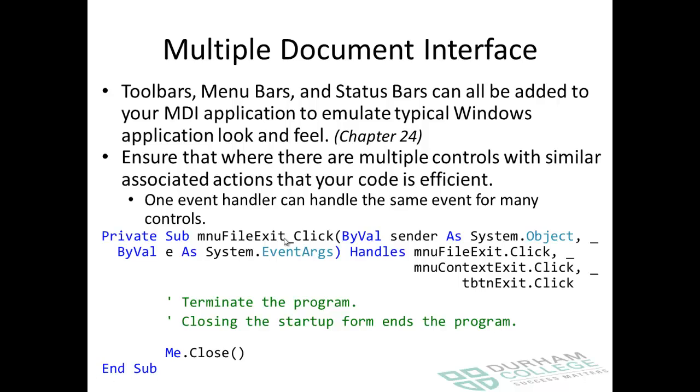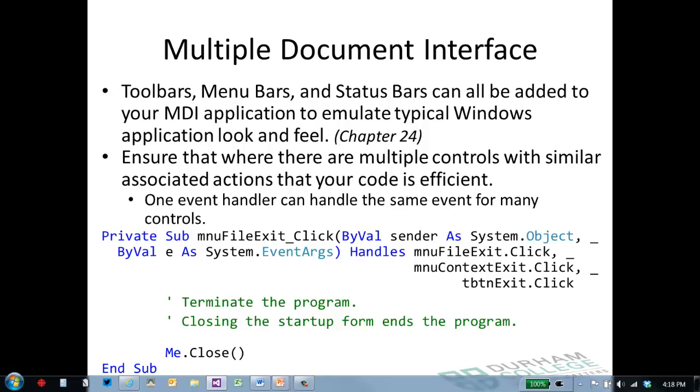In this case, I've got an exit click procedure based on the menu file exit item, and you can see the full parent-child naming convention for menu items. This event handler not only handles the click event on menu file exit, it also handles the click event on menu context exit and menu toolbar button exit, and it's simply a Me.Close. Why would you need 3 procedures that all do the same thing? We just add handlers by separating them with commas at the end of the one procedure.